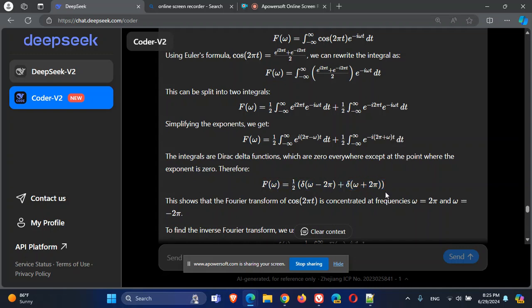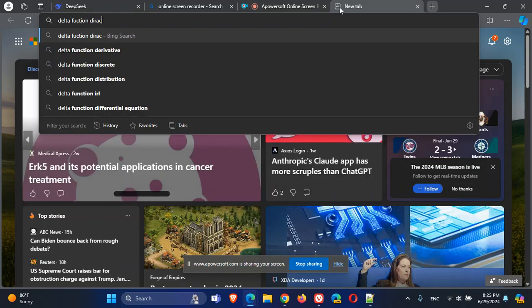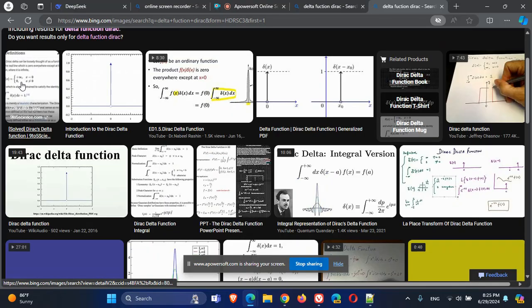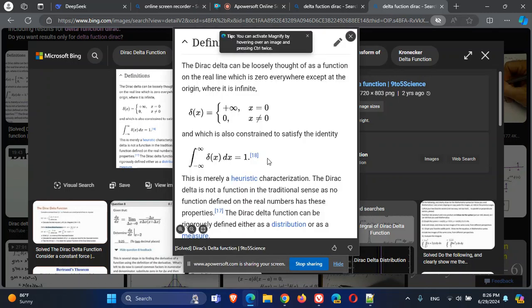The Dirac delta function is always zero, except, and this is important, remember this: the Dirac delta function is zero anywhere except when what is inside of it is zero.